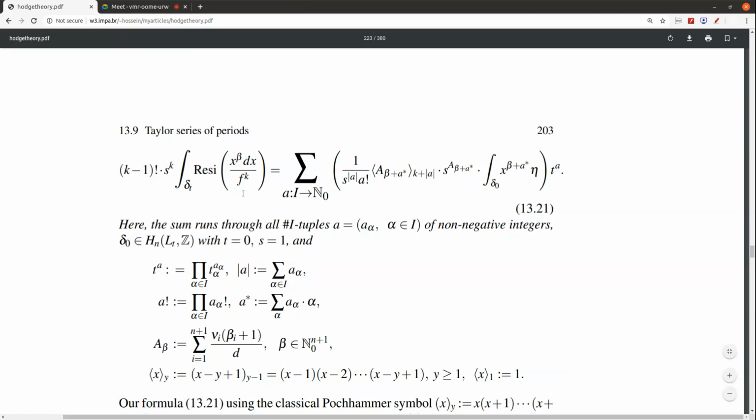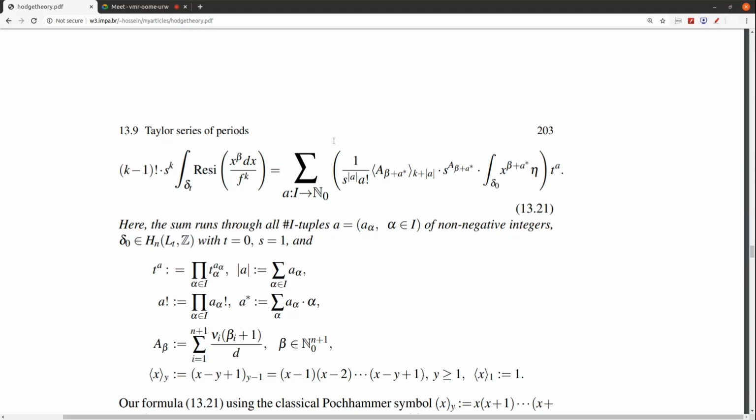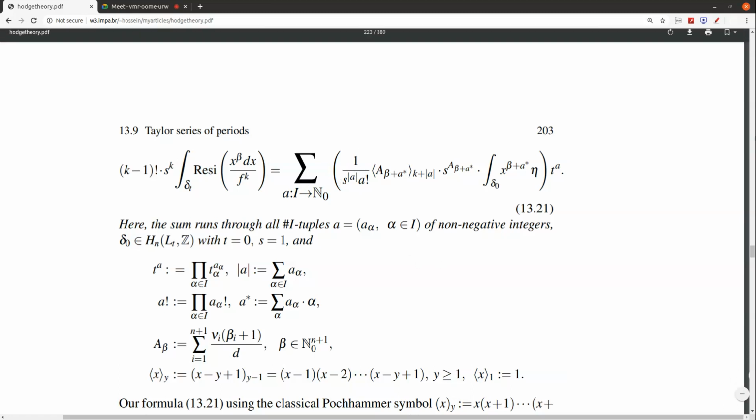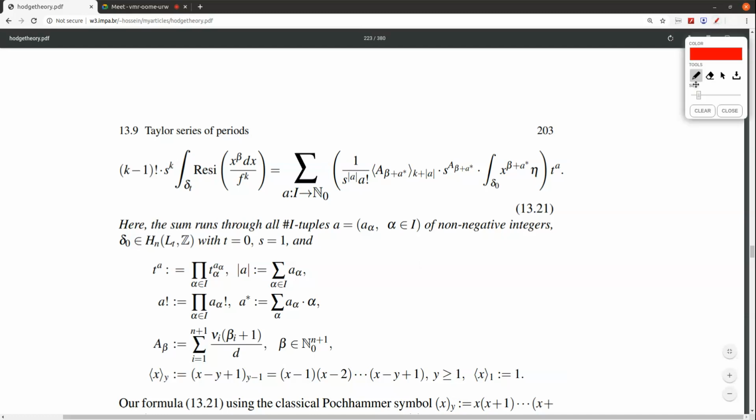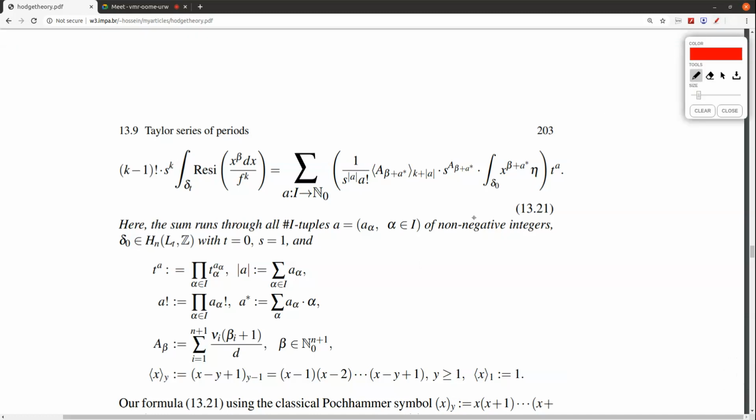These are the integrals which appear in our study of the Hodge theory of hypersurfaces. And it is kind of surprising that it is possible to write down a closed formula for the Taylor series of these guys.